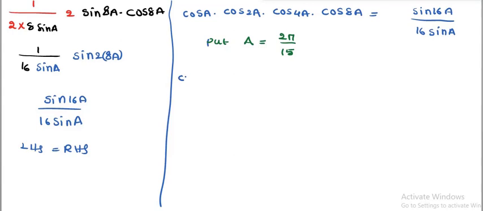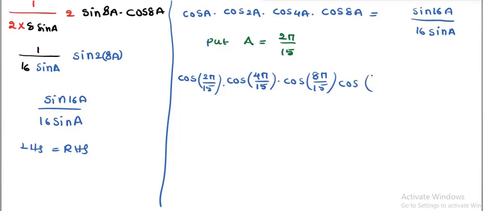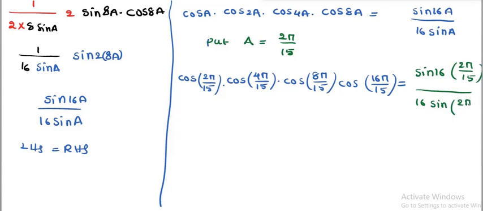So cos A replaced by 2 pi by 15, cos 2A is 4 pi by 15, cos 4A is 8 pi by 15, cos 8A is 16 pi by 15, equal to sin 16A, 16A replaced, by 16 sin 2 pi by 15.